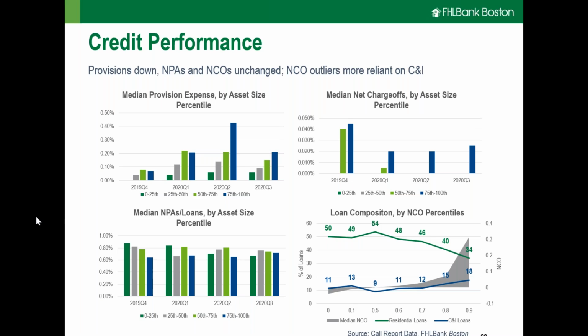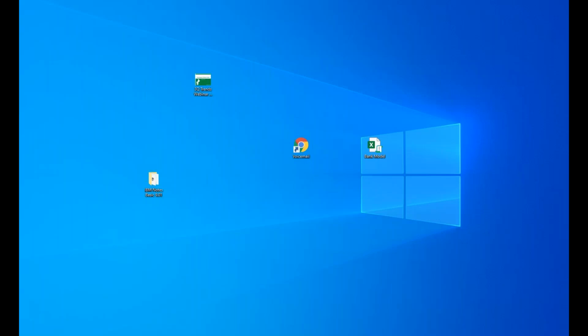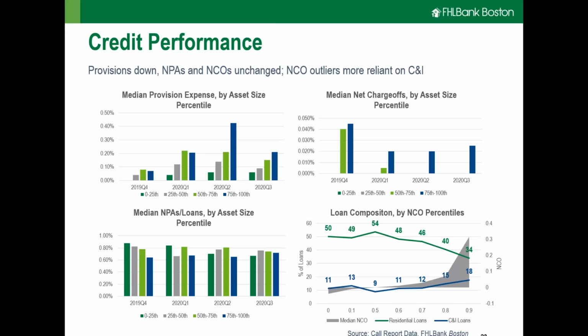When we look at those who had charge-offs in the top decile or the top 2 deciles, we did see that those members had a significantly lower allocation towards residential loans in their loan book, and they did have a higher dependence on C&I loans.